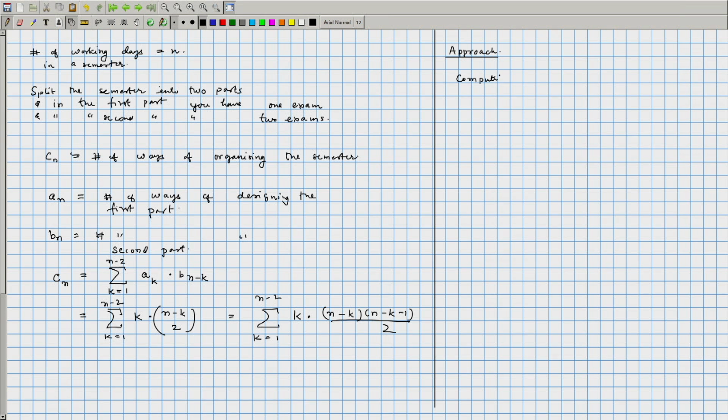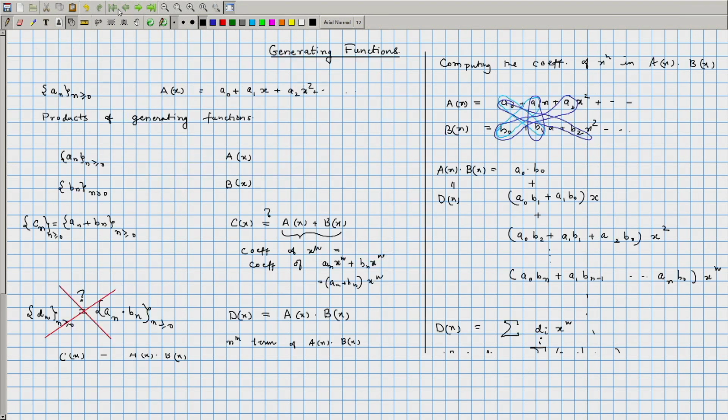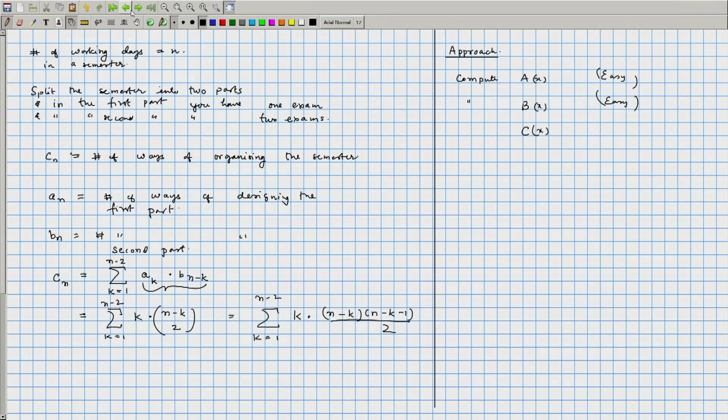Compute Ax, compute Bx, these will be easy to compute, we will see, and then Cx, and since Cn is equal to ak times bn minus k, what we know about the product of generating functions, we can say that Cx will be equal to Ax times Bx, okay, and then from Cx obtain Cn.